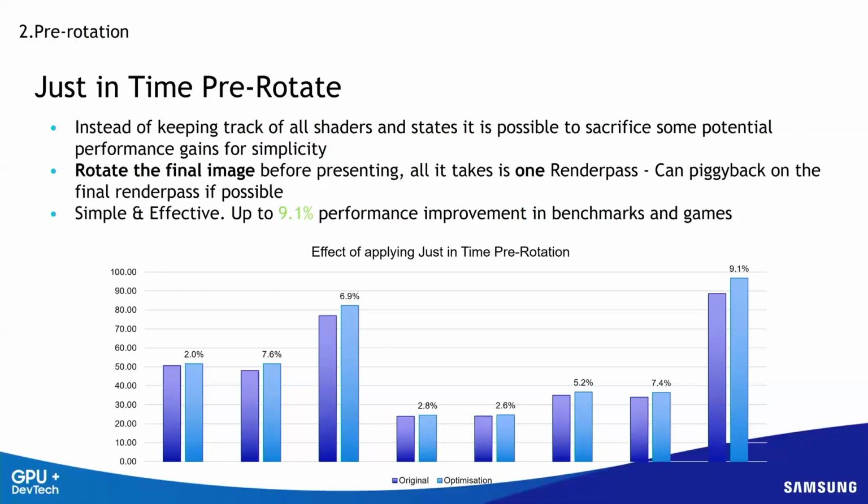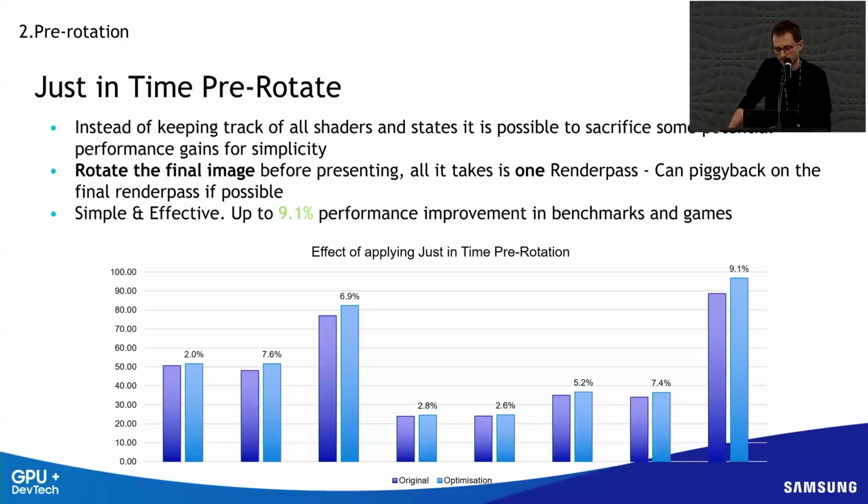The way it works is just before an image is presented, we just manually rotate it in software, just a basic render pass. And as you can see on the graph, that can get you up to a 9% performance improvement.